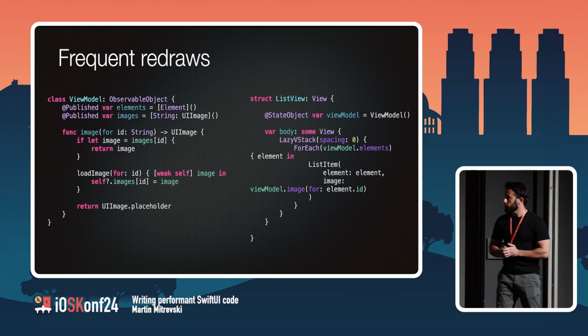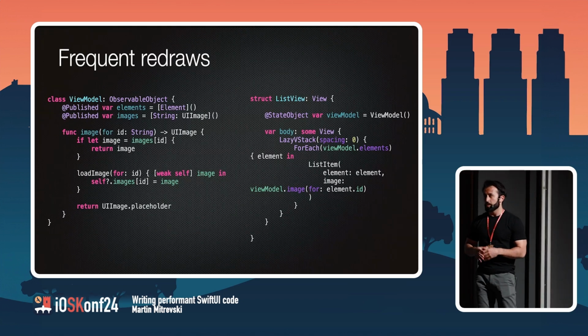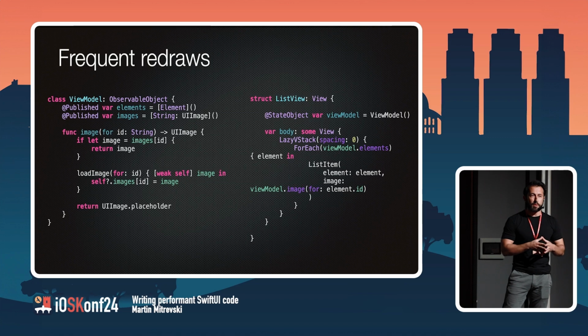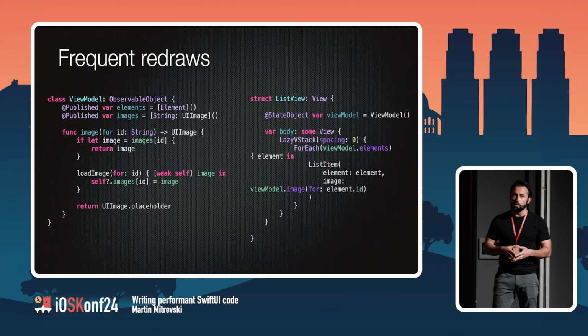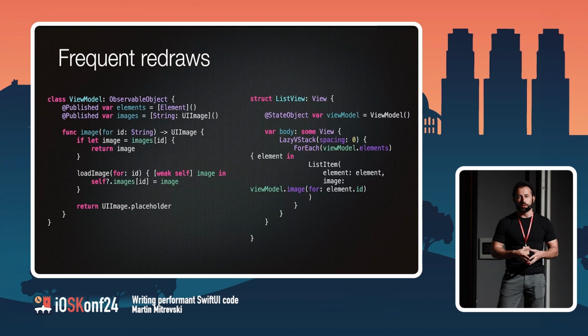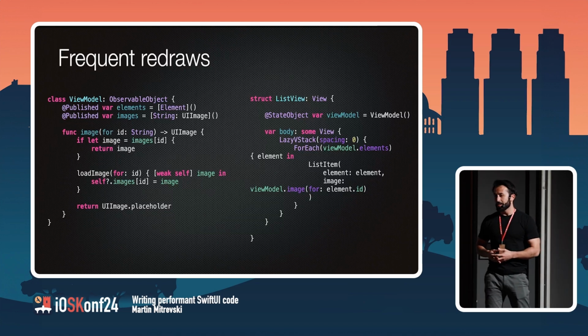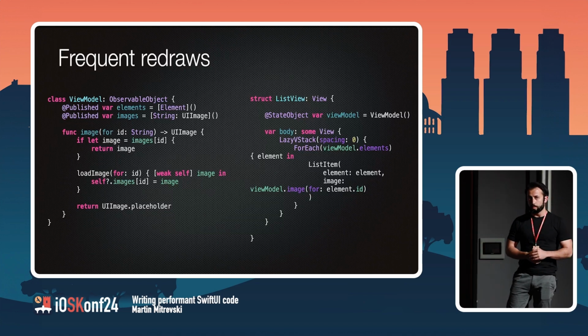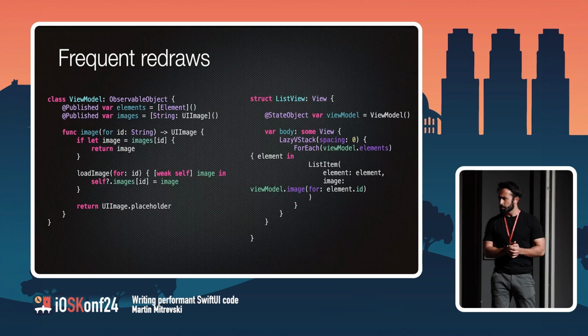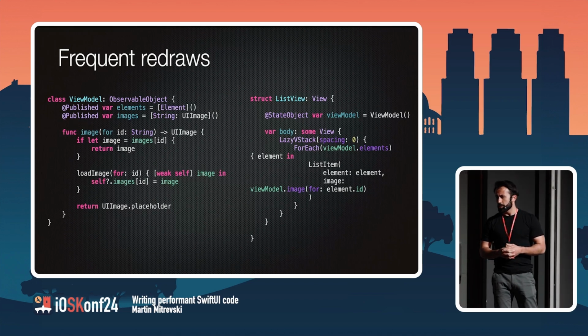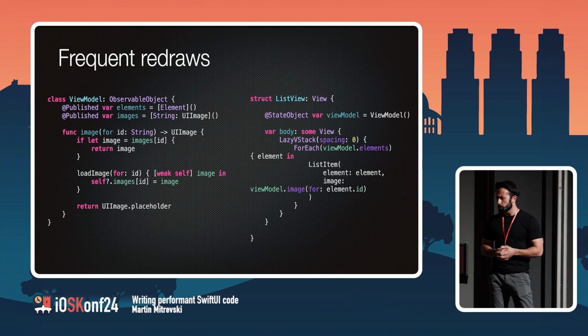Then another pretty common thing. SwiftUI evaluates the bodies of the views very frequently, but by making mistakes in our code, we can force it to redraw even more, and that of course causes more performance issues. This is code that I actually wrote, and it's very slow.